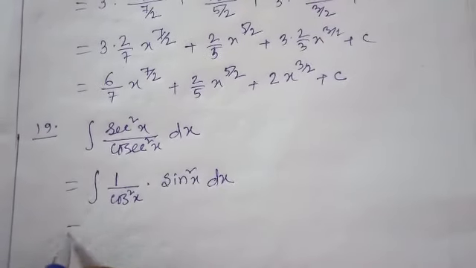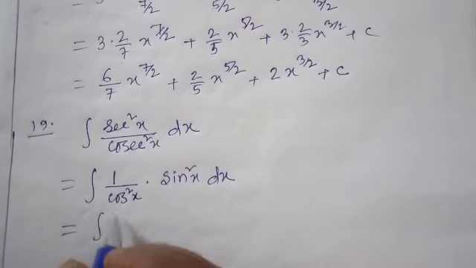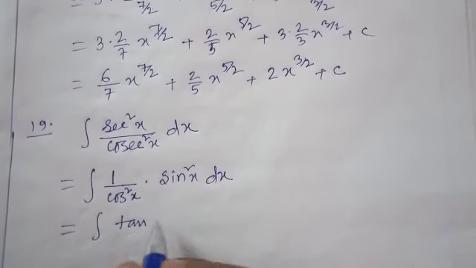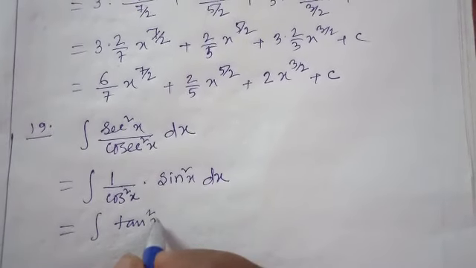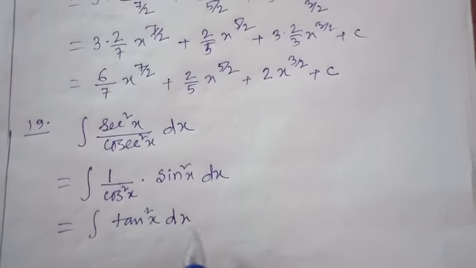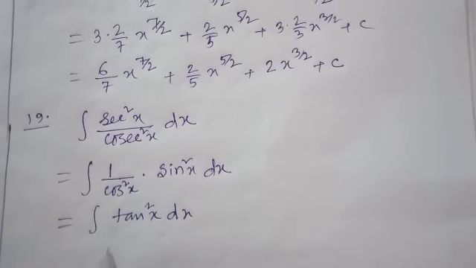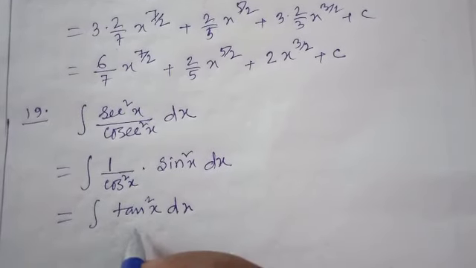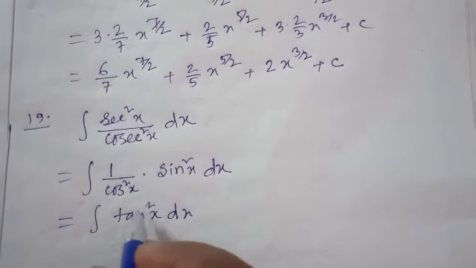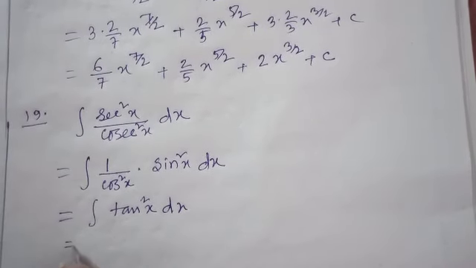Okay, so here it is sin square x by cos square x, that means sin x by cos x equals tan x, so you can write it as tan square x. So tan square x, there is no formula of integration of tan square x. Tan x formula is there, but tan square x you don't know. So I will do this one first.